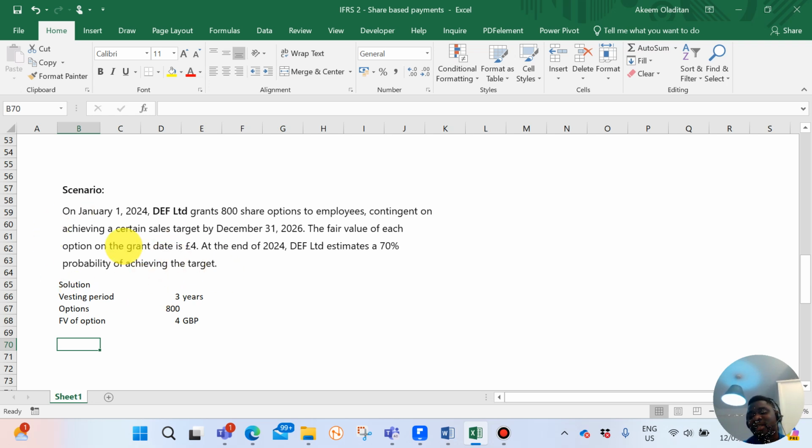So to post this transaction, our probability is 70%, and it can be any percent.